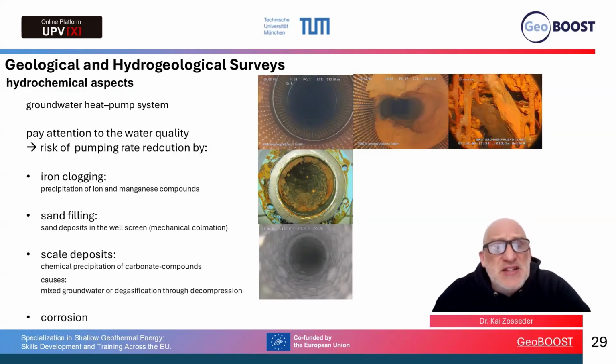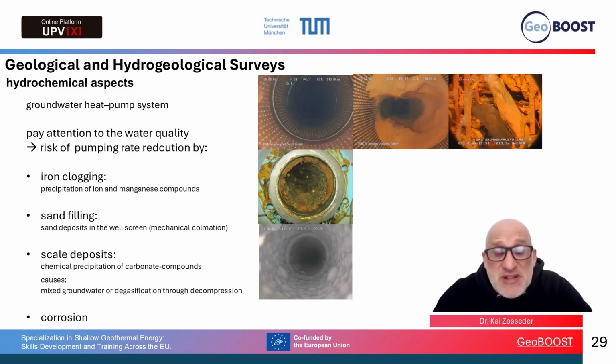So it is very good to know the hydrochemistry, and some benchmarks and thresholds tell you that it's maybe not useful for groundwater heat pumps if you have, for example, too high a concentration of iron and manganese, because this leads to clogging effects of the well.